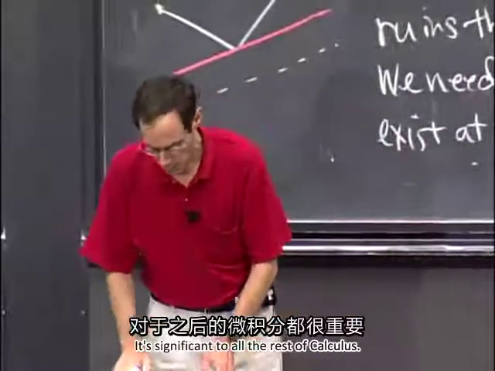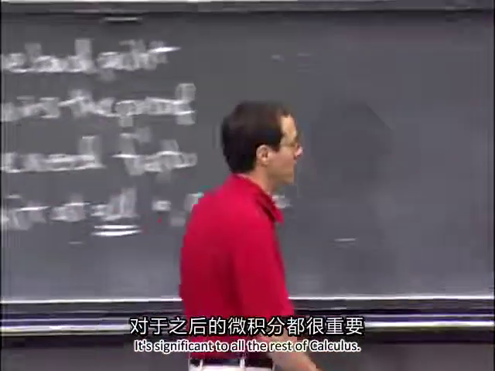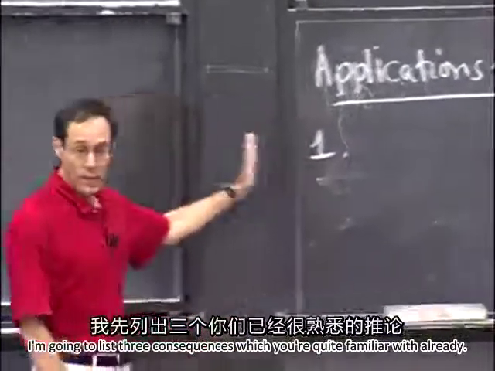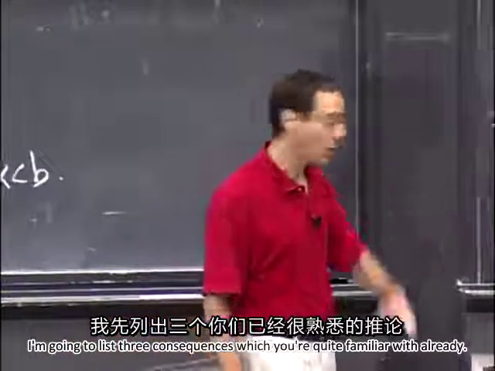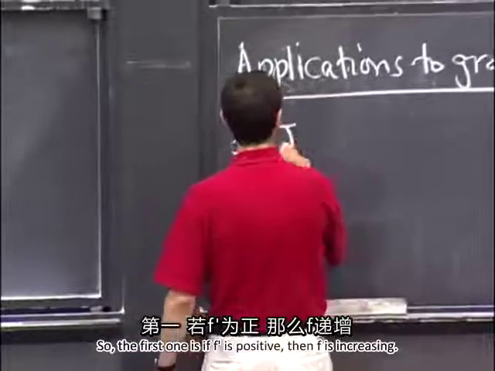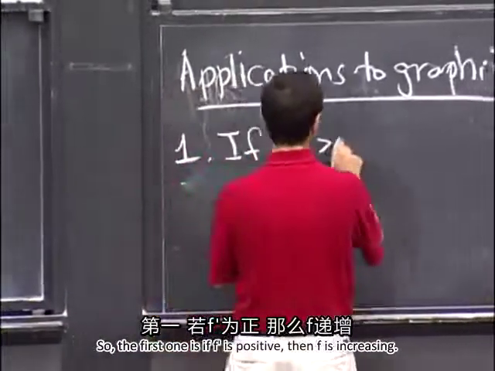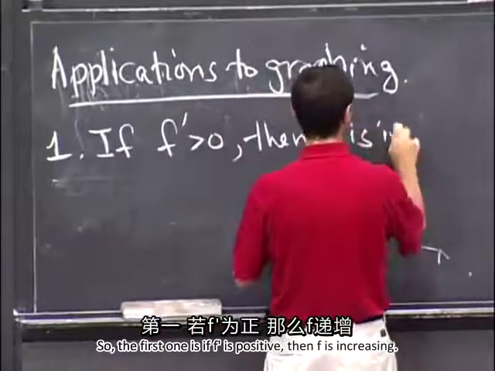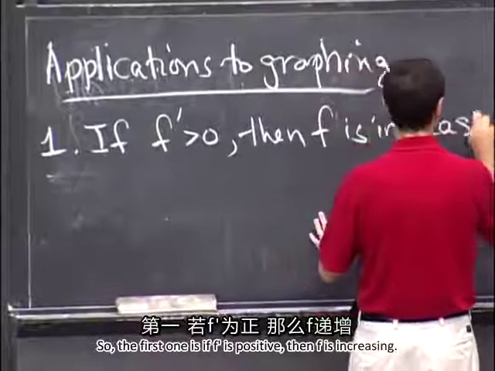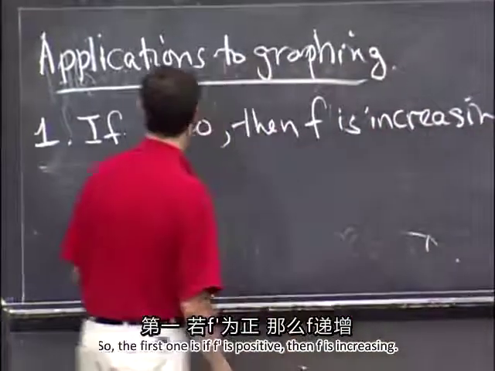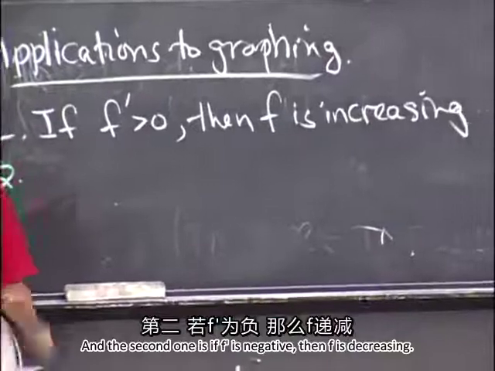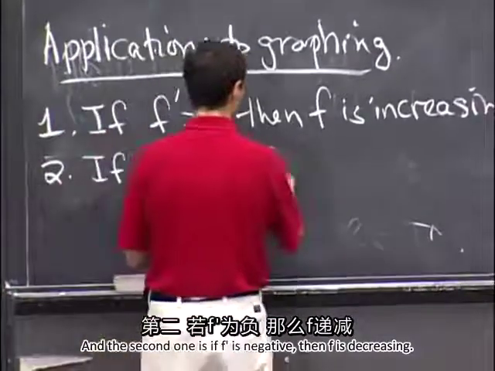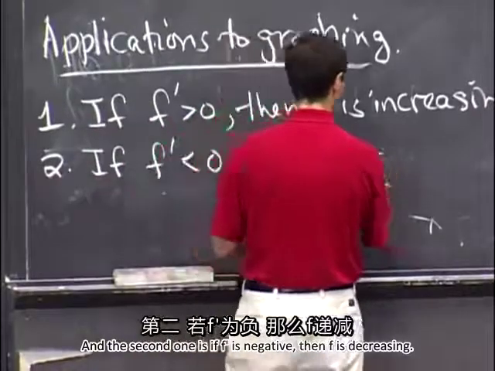It's significant to all of the rest of calculus. I'm going to list three consequences which you're quite familiar with already. So the first one is if f prime is positive, then f is increasing.